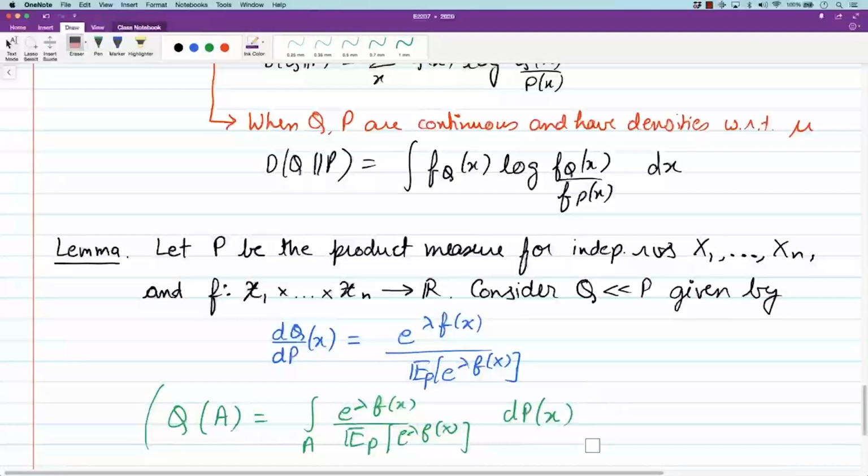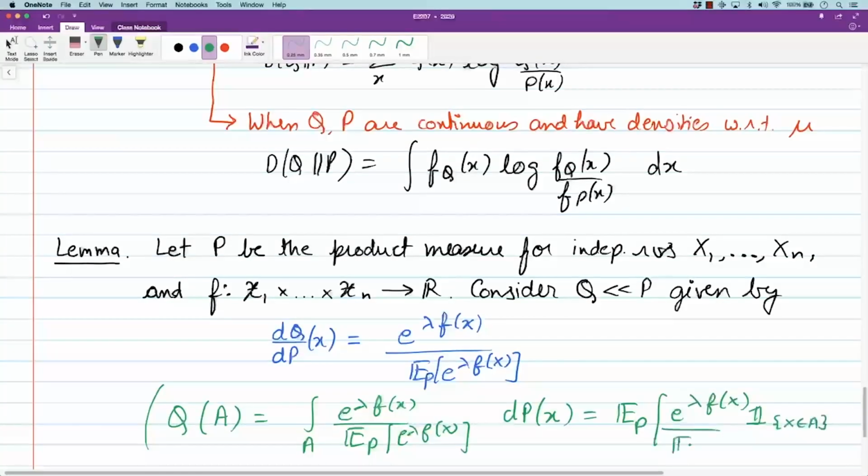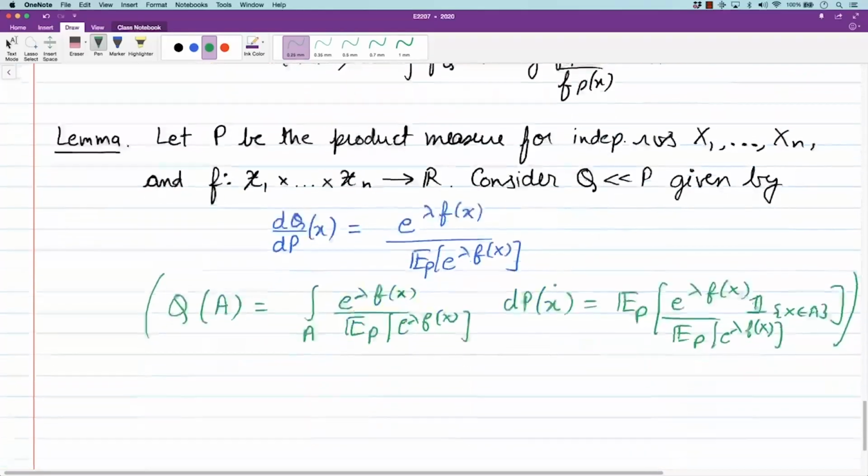Okay, so this is the same as, just to be very concrete, the expected value with respect to p of the indicator function of x belonging to A times e to the power lambda f(x), divided by the expected value with respect to p of e to the power lambda f(x). So you can define some measure Q_A this way, and that's this measure. So this guy has a name.